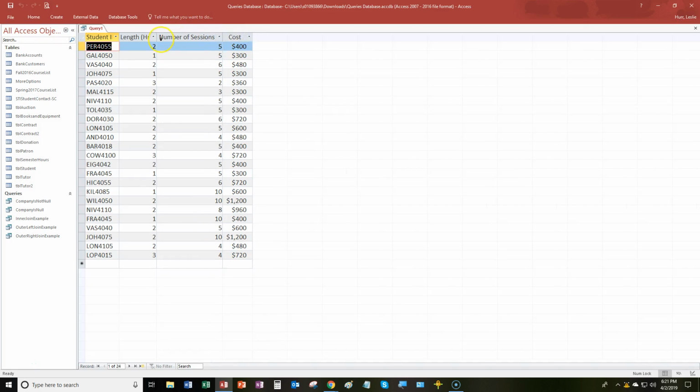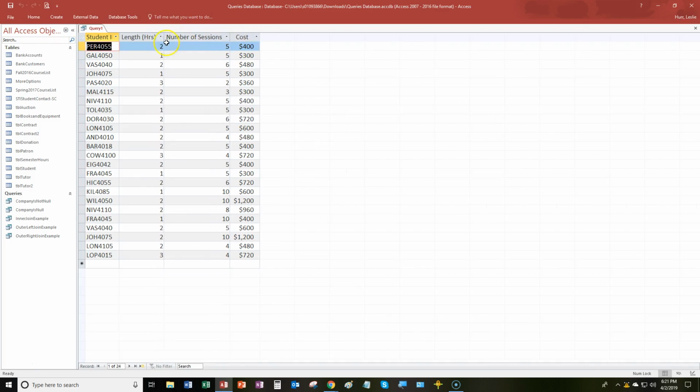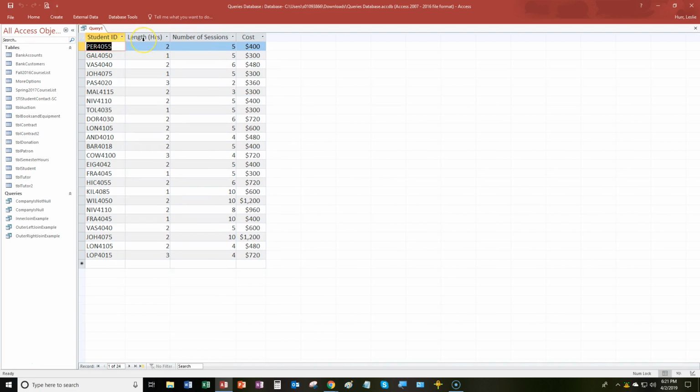Okay, so you can see here that there is a caption that's giving you a clue that it's the length in hours. Each one of these is the number of hours that are happening, and the number of sessions.